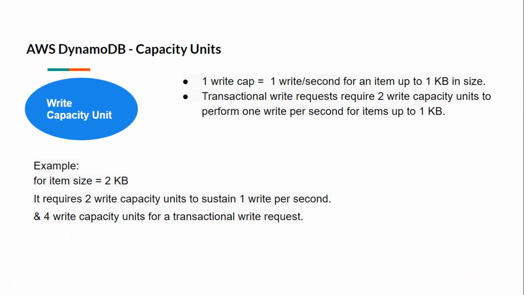Now let's understand write capacity units. For AWS DynamoDB, one write capacity unit is equal to 1 write per second for an item of 1 kilobyte in size. This means if we want to write an item of 10 kilobytes per second, we will need 10 write capacity units for our DynamoDB table. For transactional write requests, we will need double the write capacity units to perform 1 write per second.